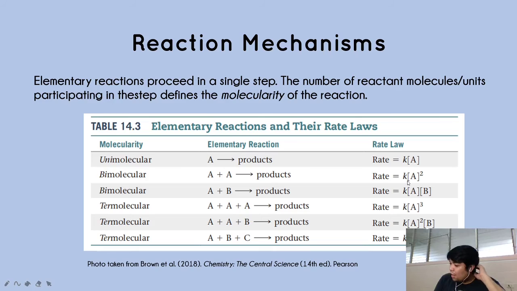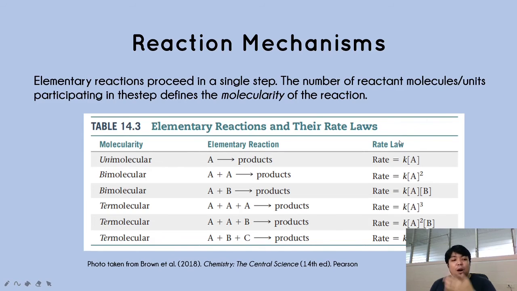Now, what we have discussed so far is just a one-step reaction, and that is what we call the elementary reaction. Now, we will introduce another term, which is the molecularity, wherein it shows how many units or how many molecules of the reactant actually participate in the step in the reaction, which is actually shown in their rate law.